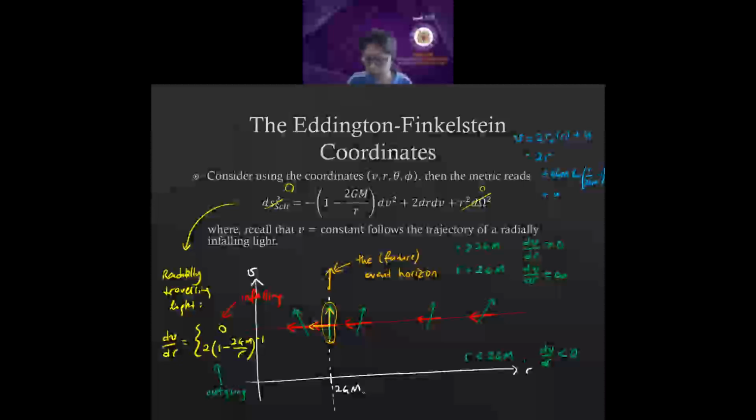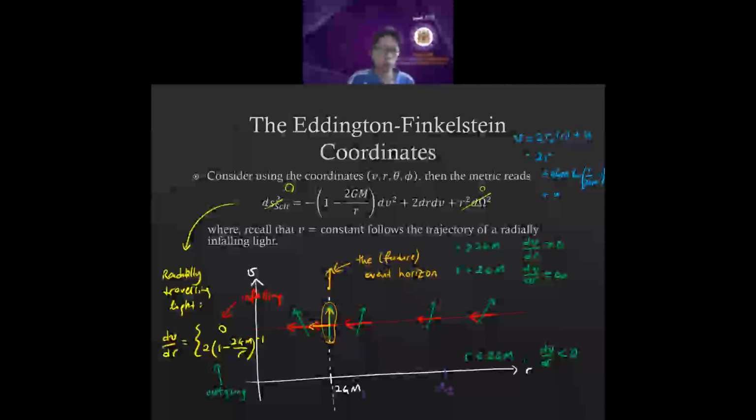So if let's say this is the mass of the Earth, then the radius of the Earth is somewhere here, so this section would correspond to the interior of the Earth, which means this metric can no longer be used to describe what's happening inside the Earth.